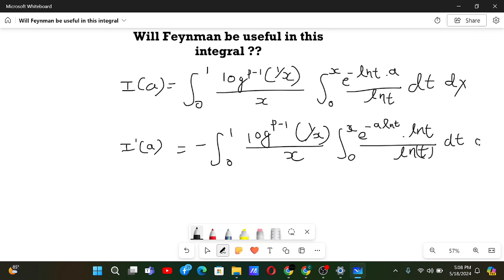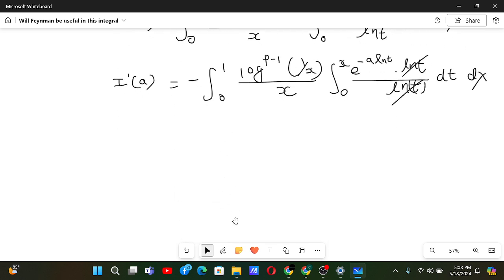Then ln t cancels out. Now this one will be easy to solve, but let us see how.